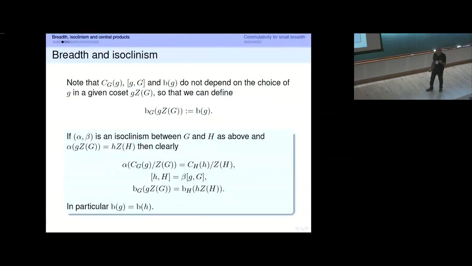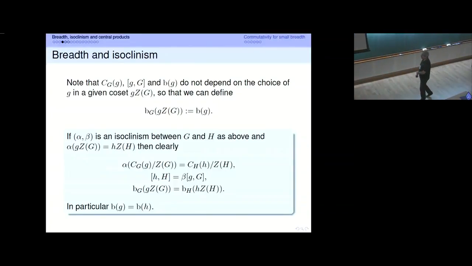You're modifying just by an element in the center. So we can define the common breadth of the elements of a coset of the center of G, which is just the breadth of G. Observe that this is not the breadth of the coset as an element in the factor group. This is just the common breadth of the elements.